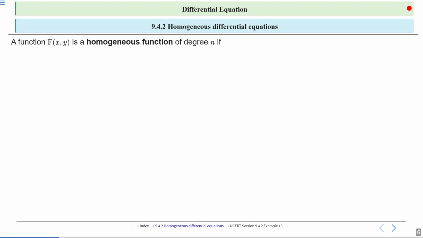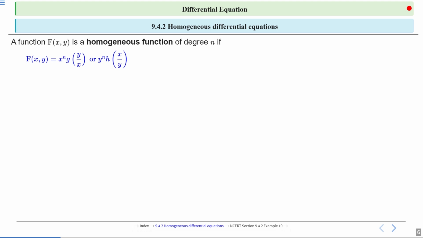Now, another definition of a homogeneous function, by which we can also check if a function is homogeneous or not, is that a function f(x, y) is a homogeneous function of degree n if f(x, y) is equal to x to the power n g(y/x), or y to the power n h(x/y).